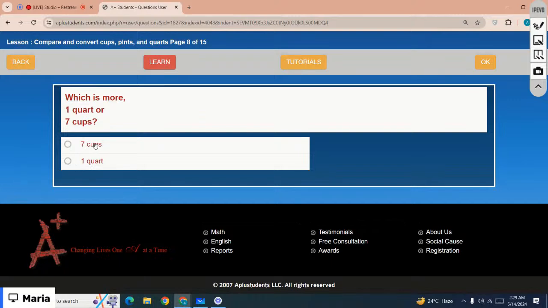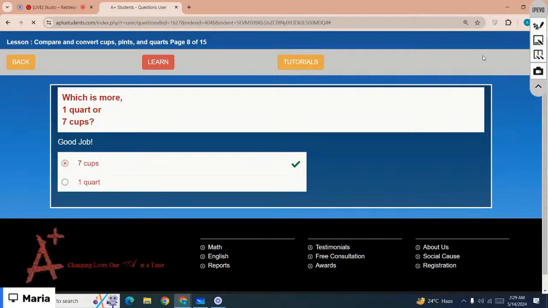Because 1 pot has 4 cups, so 7 cups is more than 1 pot.